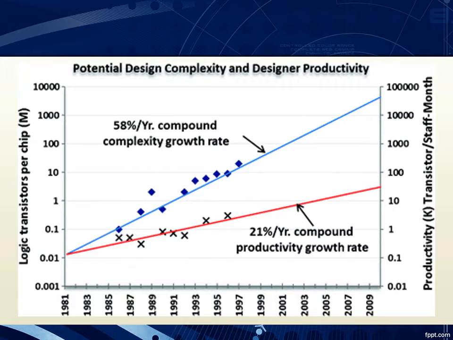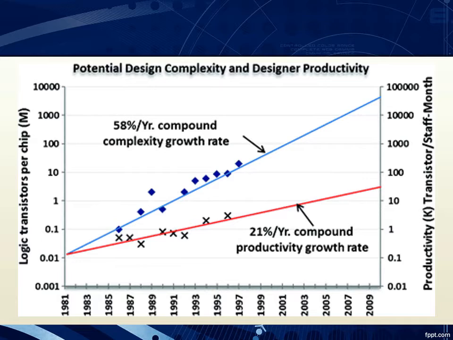One major observation regarding digital design is that since the last 40 years, there has been a design gap, which means chip complexity grows faster than design productivity. Compound complexity growth, or the number of transistors per chip, increases at 58% per year as predicted by Moore's law.